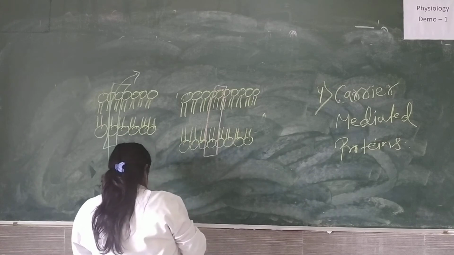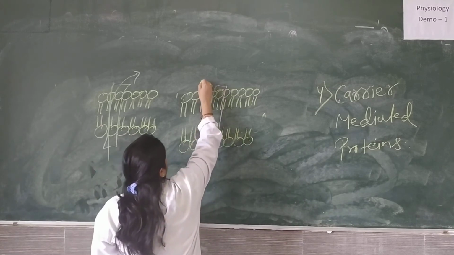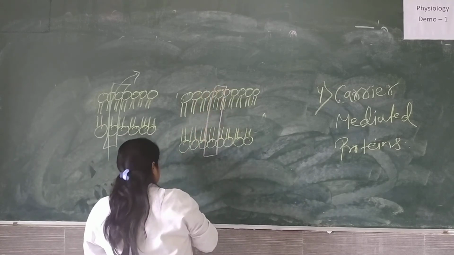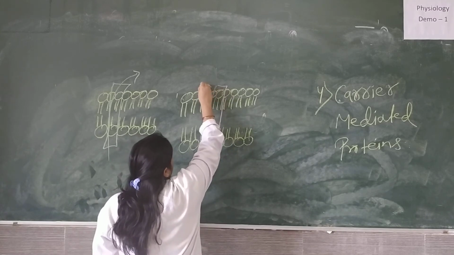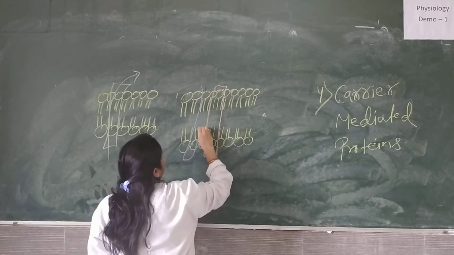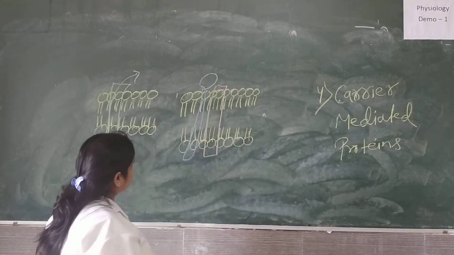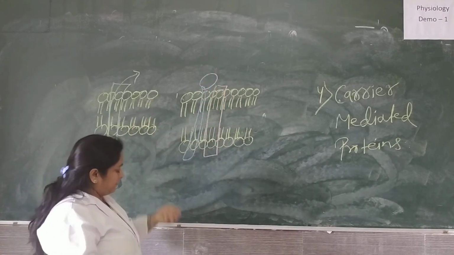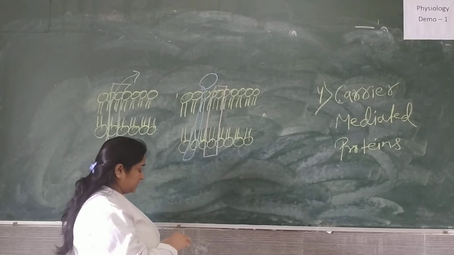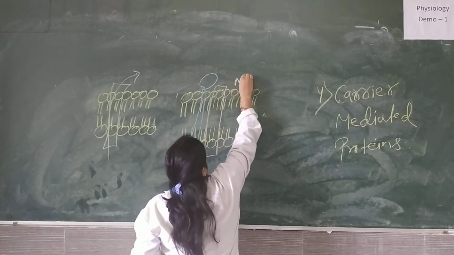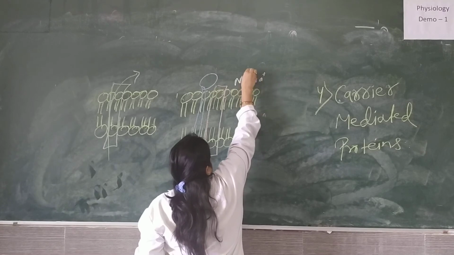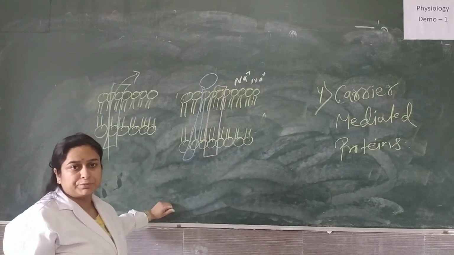They are gated type, with an extension like a gate. Sodium ions are more in the ECF.